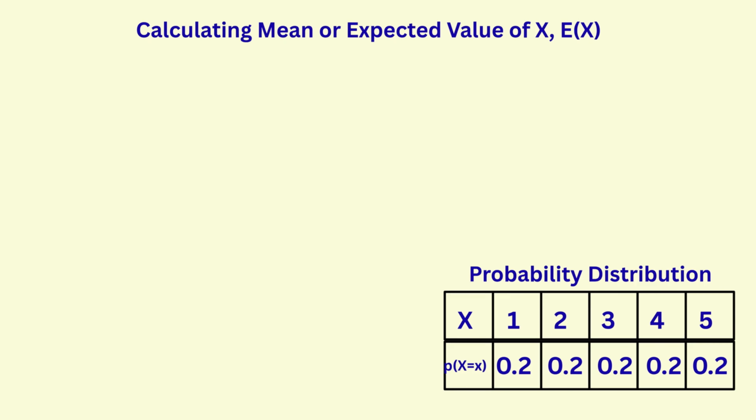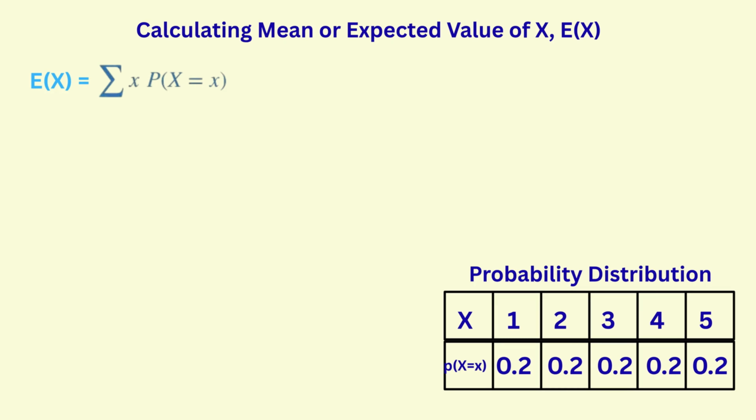There are many ways to calculate the mean or expected value of a discrete uniform distribution. One method is to use the formula E of x is equal to the sum of x times the probability of the corresponding x values.